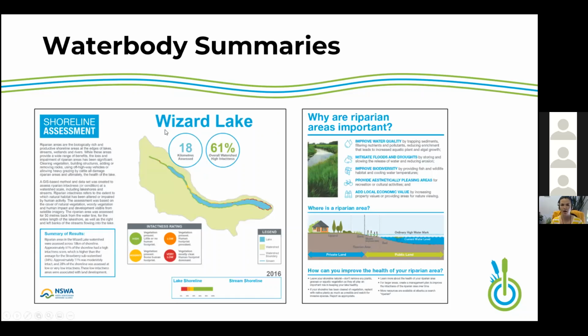It's a 2-page document, a really quick assessment about what is the state of this particular water body, what is a riparian intactness assessment, and what's the summary of results for this particular water body, as well as, why are riparian areas important? So there's a really great watershed stewardship group that exists on Wizard Lake, and they have included this particular pamphlet in a little binder that they've given out to all their residents, or are planning to give it out to the residents.